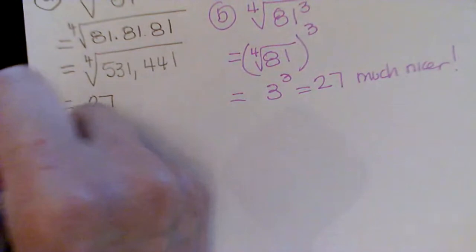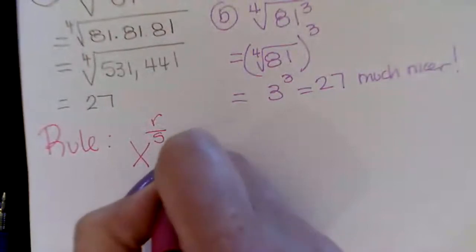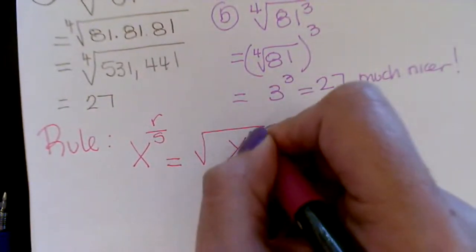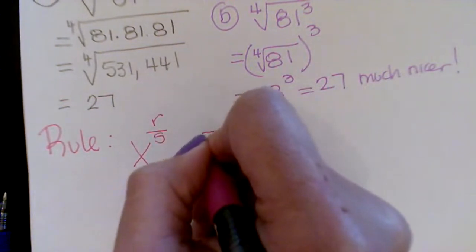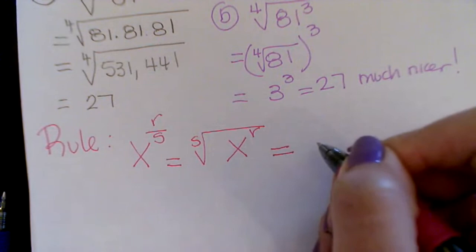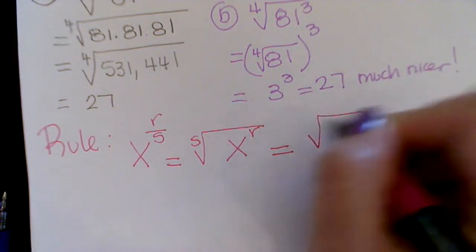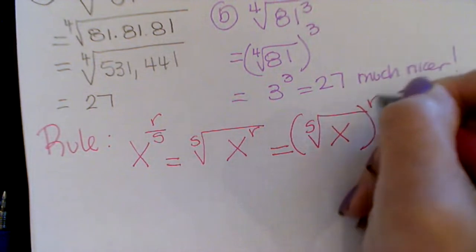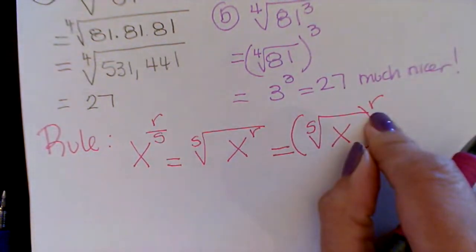So the rule says that if we have x to the exponent r over s, this is equal to the s-th root of x to the r, where s is the index, the denominator. We find this root first and then we use the exponent.